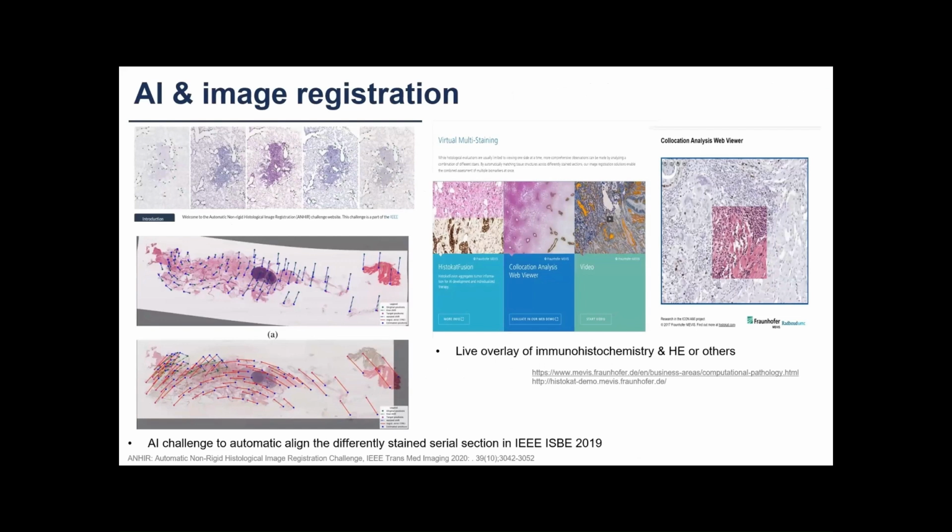Aligning different staining sections was a challenging task in a medical image AI challenge. It means that this topic is attractive to the medical field. Overlay of immunohistochemistry on H&E or vice versa is commonly needed in pathology practice.